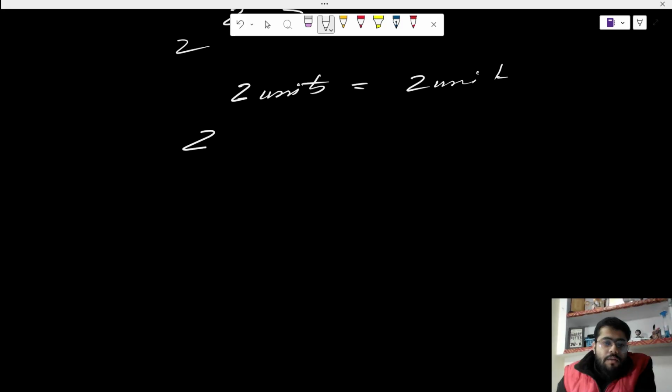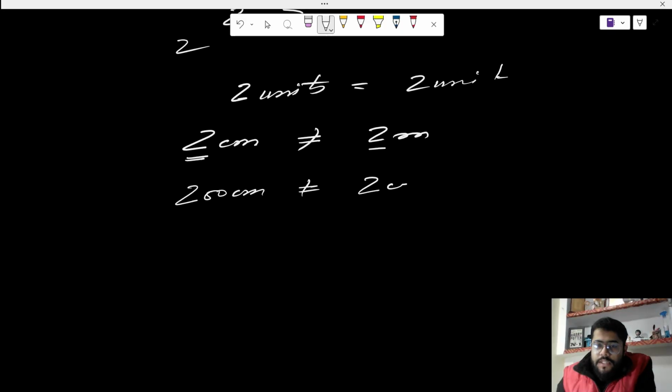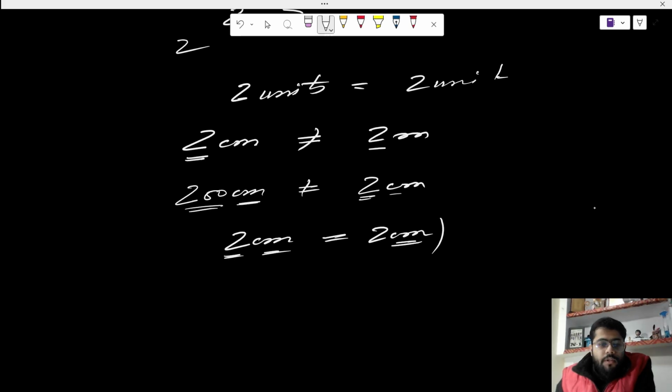For example, 2 centimeter cannot be equal to 2 meter. Here the numbers are the same but the units are different. Similarly, 200 centimeter is not equal to 2 centimeter. The numbers are different, yet the units are the same, but both of them are not equal. To make a physical quantity equal, we have to signify it as both number and unit in a similar, equilibrium state.